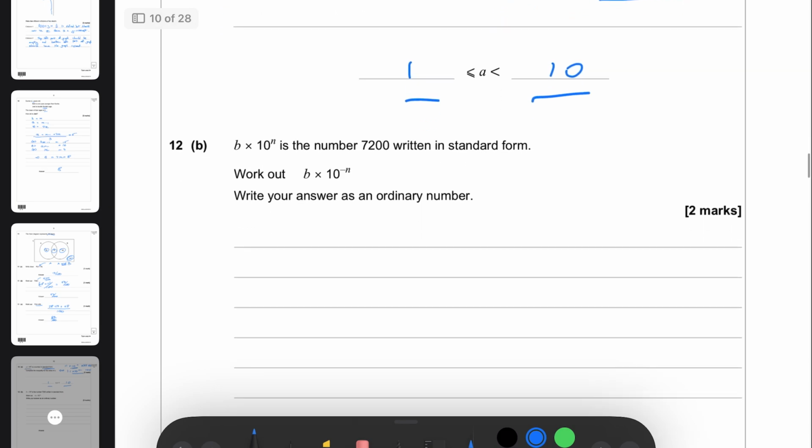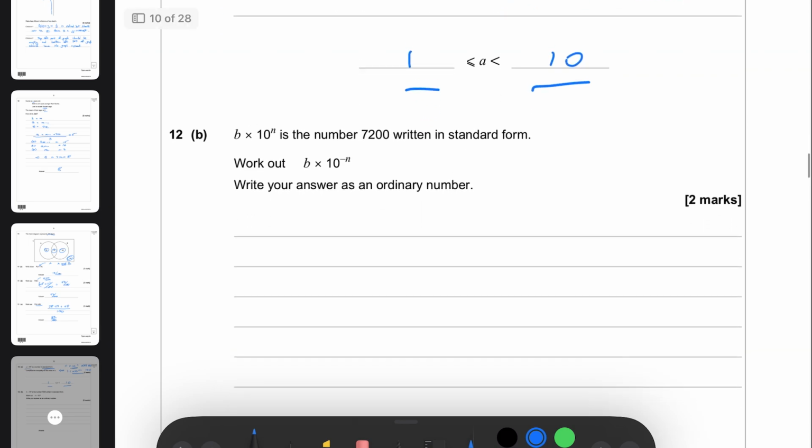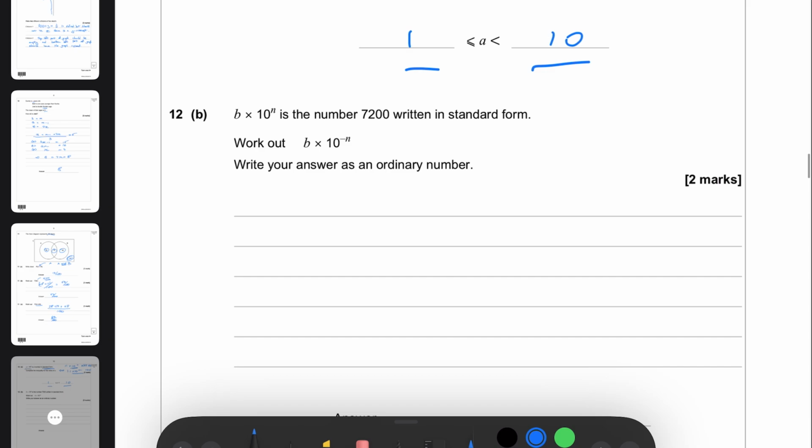B times 10 to the n is the number 7,200, which is in standard form. Work out b times 10 to the minus n. So we just have to work out what n is. 7,200 is equal to 7.2 times 10 to the 3, which is 1,000, so you can check it's pretty much correct.